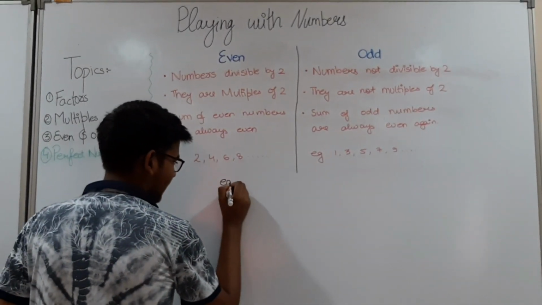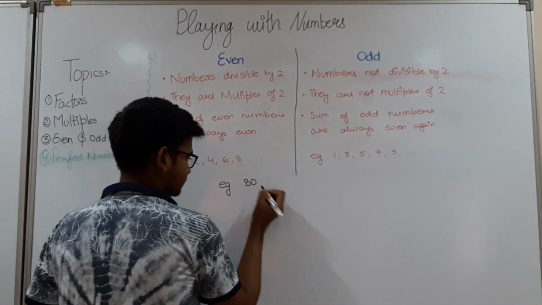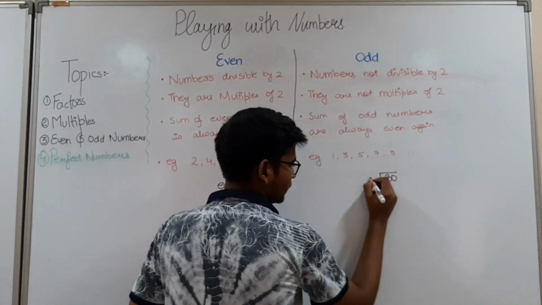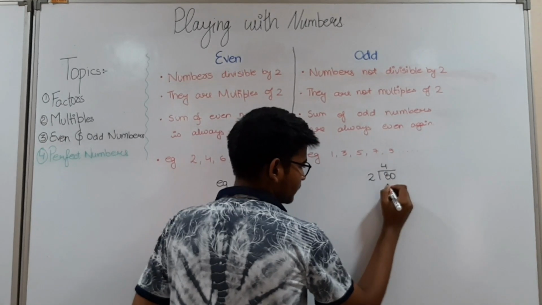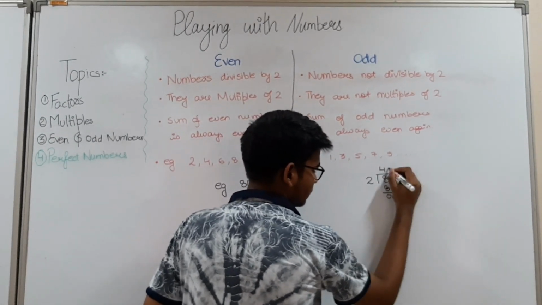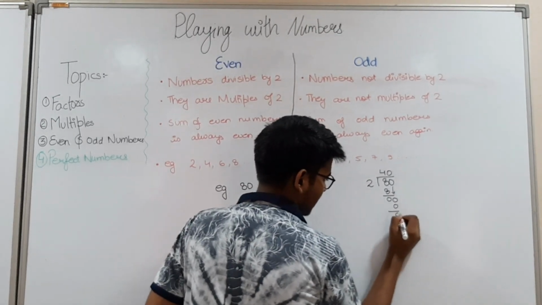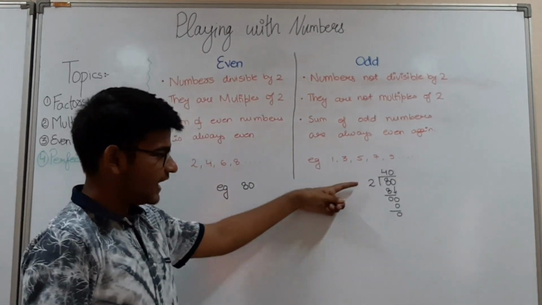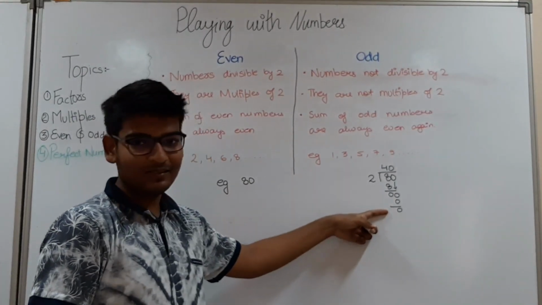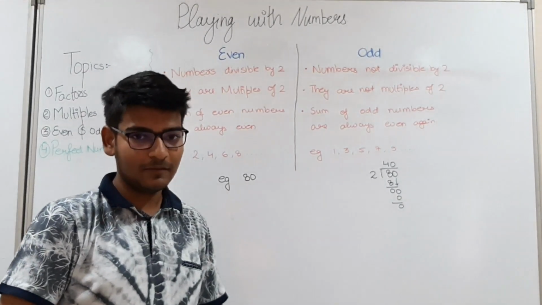Let us take an example of 80. Let us first try to divide 80 by 2. 4, 8, 0, carry over 0, 0, 0. Since you can see that when 80 is divided by 2, the remainder comes out to be 0, 80 is an even number.